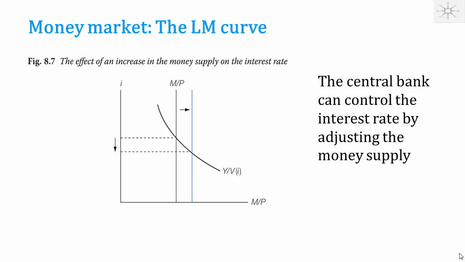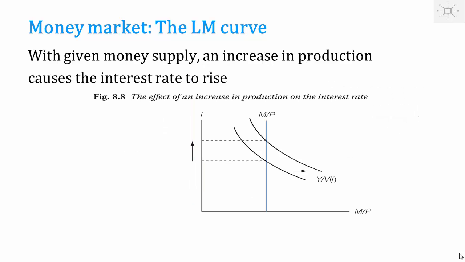So if they lend more money, that increases the supply of loans and reduces the interest rate. That is very simple. So you see immediately here that the central bank can actually control the interest rate by adjusting the money supply.